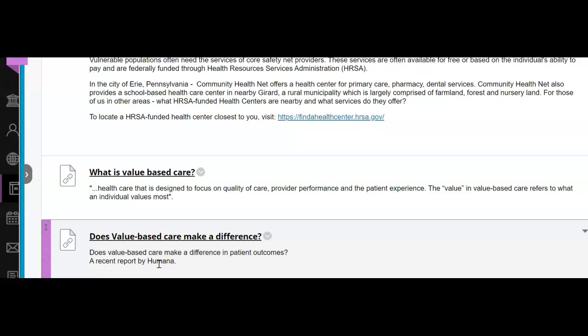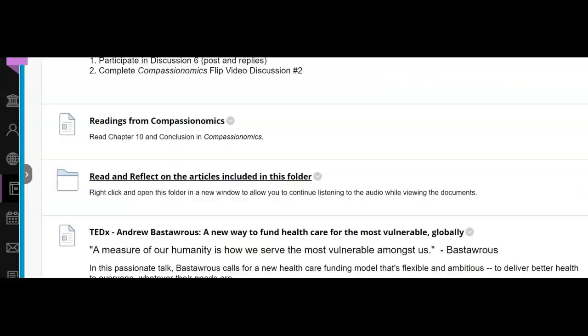It was a report on whether value-based care is making a difference, both in patient outcomes, and they looked also at providers. So those are the articles or web links that you're looking at. And it really isn't as much as it appears, you know how those things go. Sometimes it's just quickly looking at some of these important concepts.